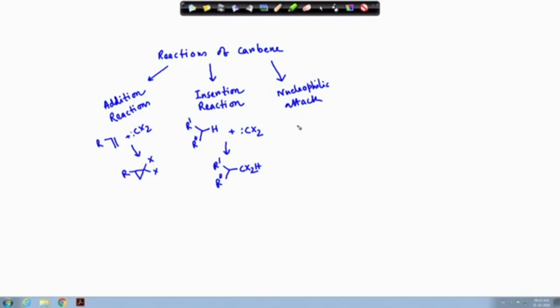As per example, if you have RXH, that can react with the corresponding carbene to give the nucleophilic attack product. Now, today we will learn another type of reaction, that is called rearrangement reactions.